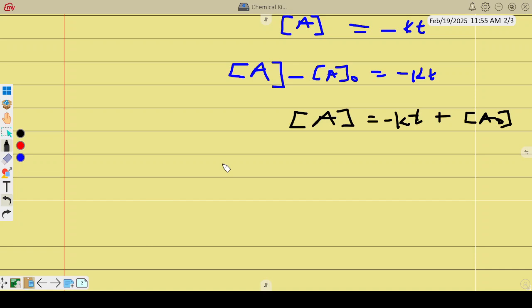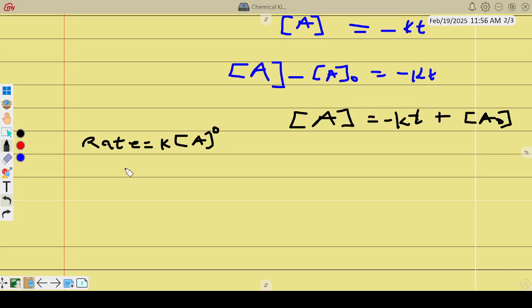Yeah, and then the units are very important. So for the units, they come from the rate. The rate is equal to k times A power 0.